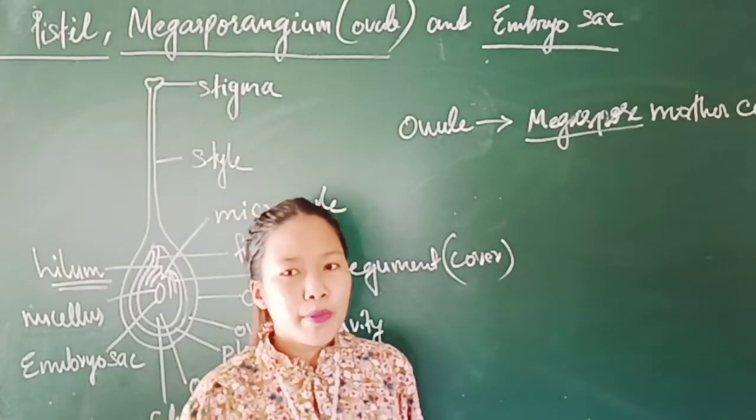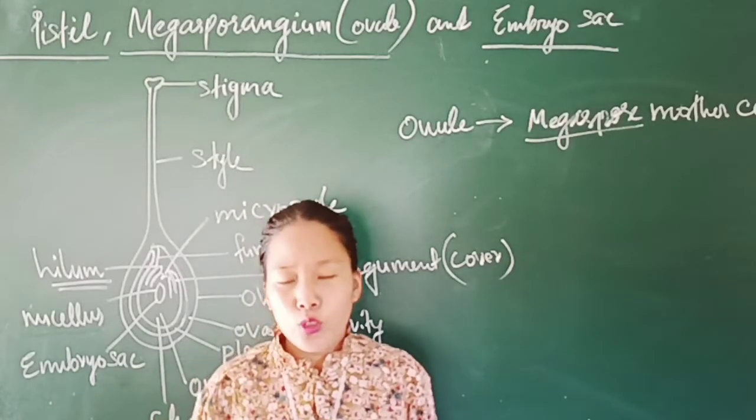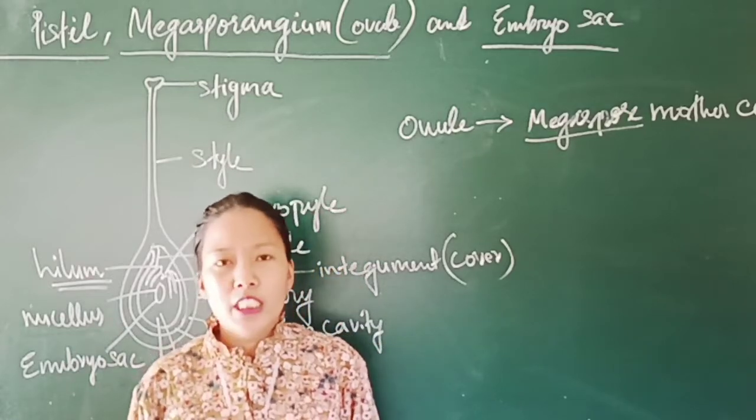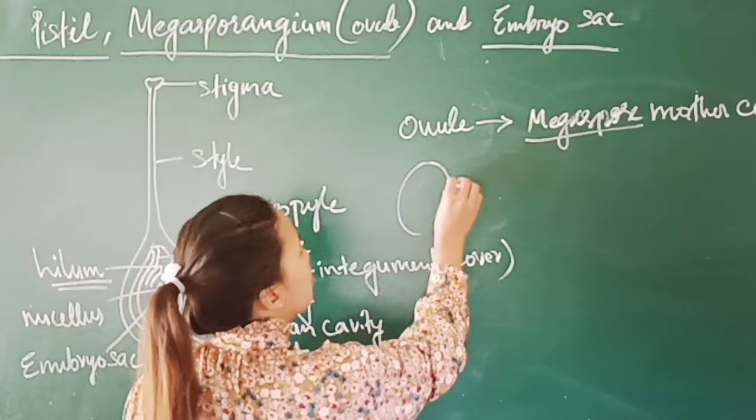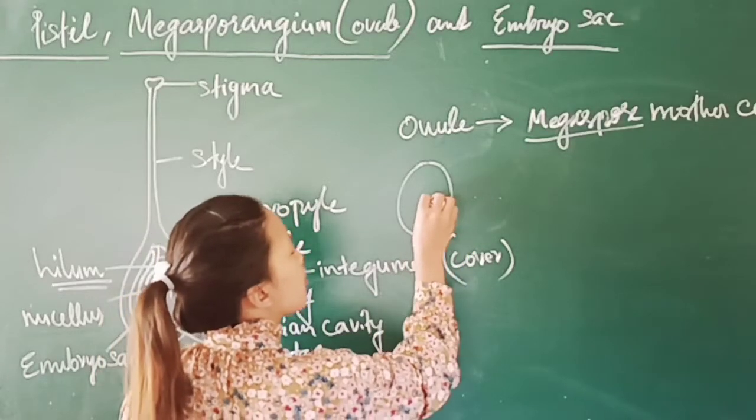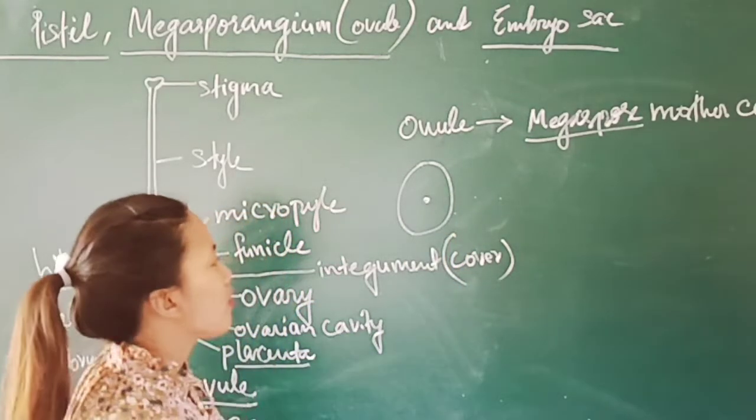Then this megaspore mother cell undergoes meiotic division. Suppose this is the megaspore mother cell. It's large and has one nucleus.